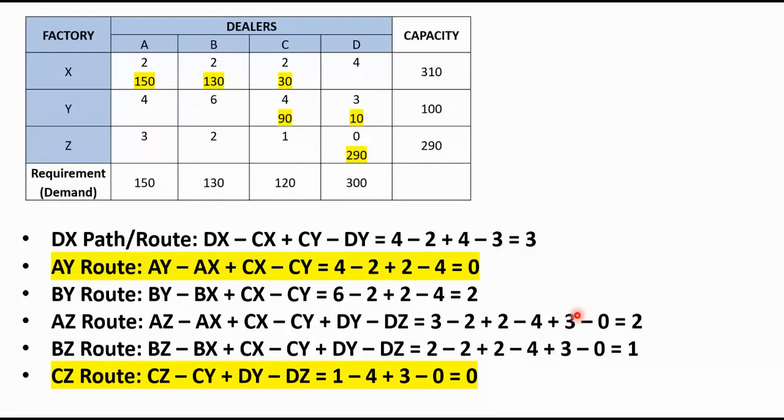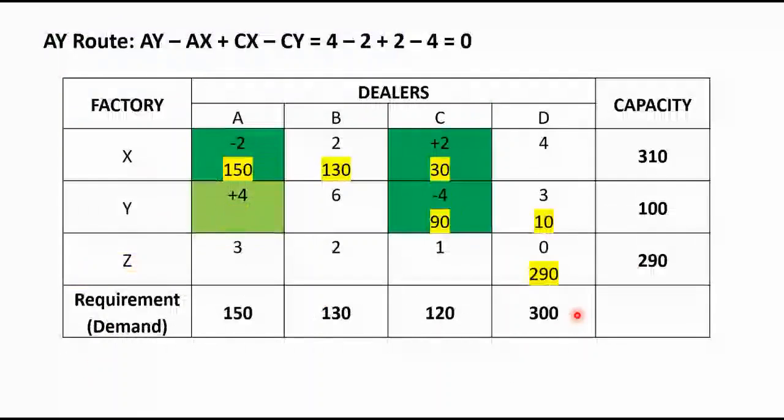So let's check the AY route. So this was the AY route. We have the AY, AX, ZX, and CY. To be able to improvise these units that are being assigned to each cell, we will be checking the negative square that has the least number of units.